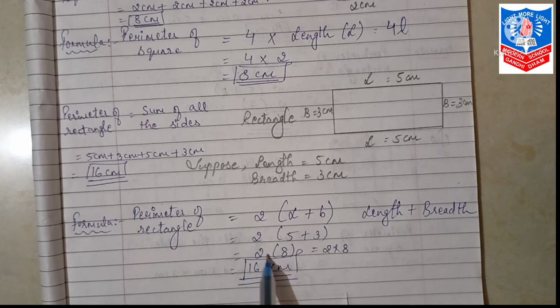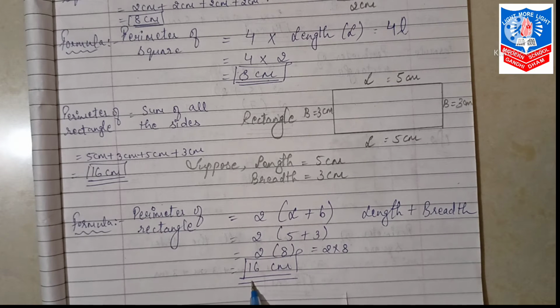Okay, next step: 2, inside the bracket I have written 8. How? 5 plus 3 is equal to 8. Then our next step: now we are not having any sign between 2 and the bracket 8. This means into, that means the multiplication sign. So I have written 2 into 8.